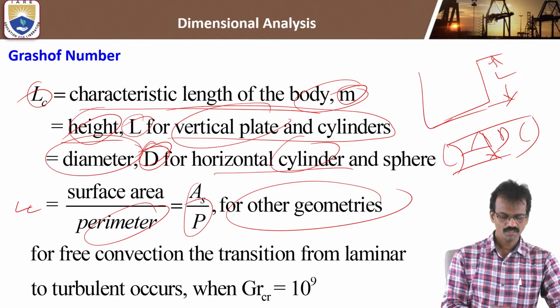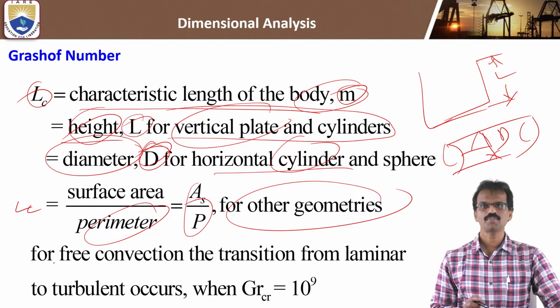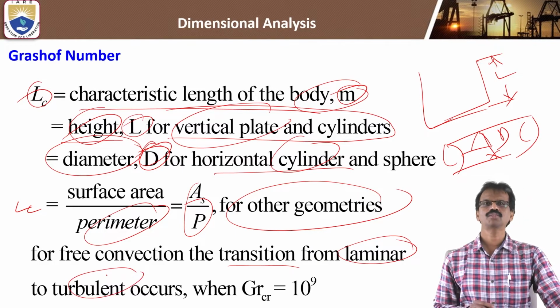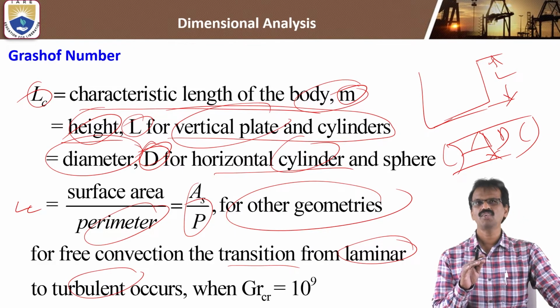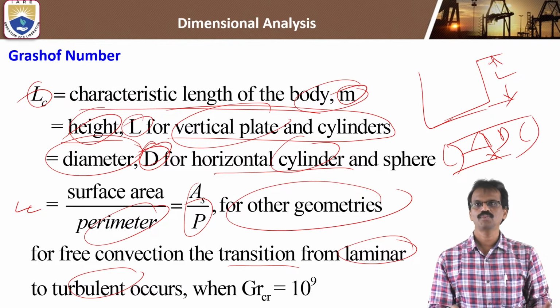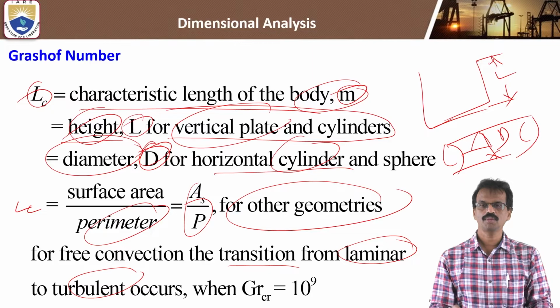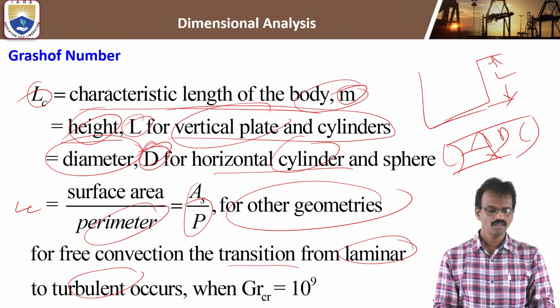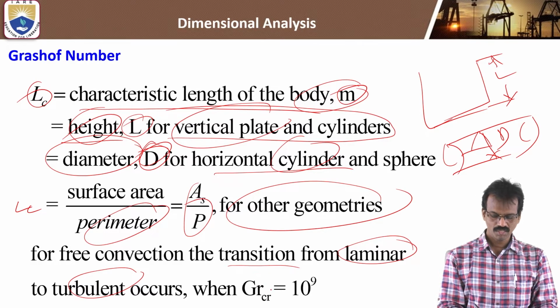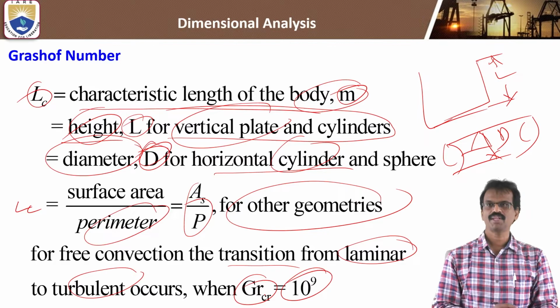Here we use the Grashof number only in free convection, for the transition from laminar to turbulent flow. Depending on the value of the Grashof number, we can identify the type of flow, laminar or turbulent. The critical Grashof number, similar to the critical Reynolds number, is Gr critical equal to 10 to the power of 9.